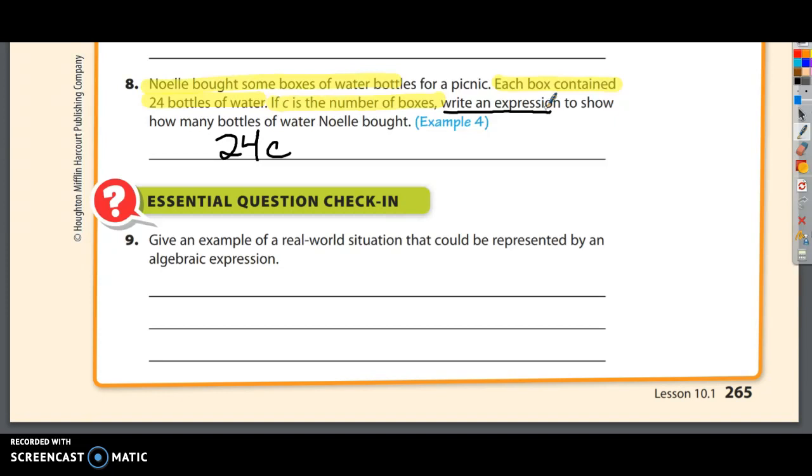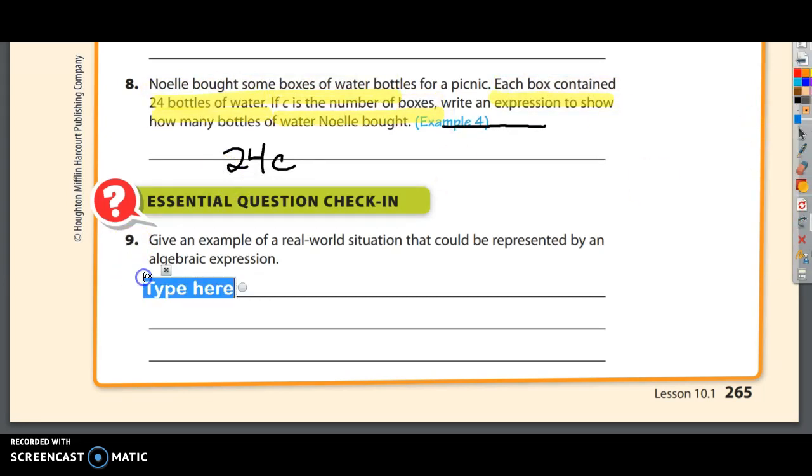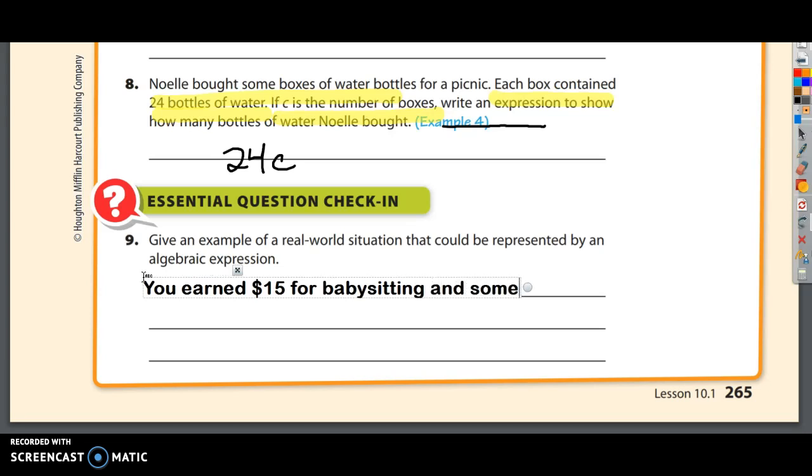All right, so number 9 reads, give an example of a real-world situation that could be represented by an algebraic expression. So this could be as simple as, let's say you babysit. You earned $15 for babysitting on Monday and some more money for babysitting.